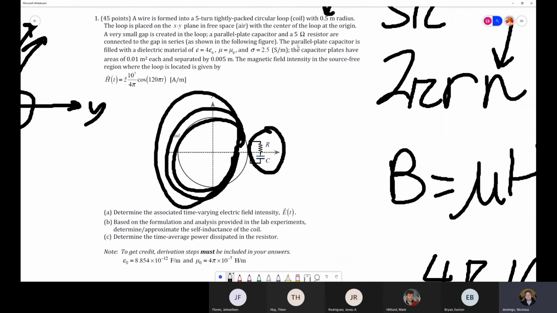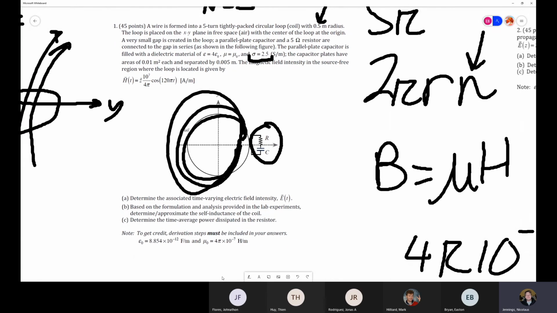We now have the capacitor's medium characteristics. So what we'll see is that the dielectric is for epsilon naught mu, so it's not magnetic at all, or it is, but just small. And then we have some conductivity. Because of this conductivity right here, we have to consider the displacement current as well as now the conduction current.